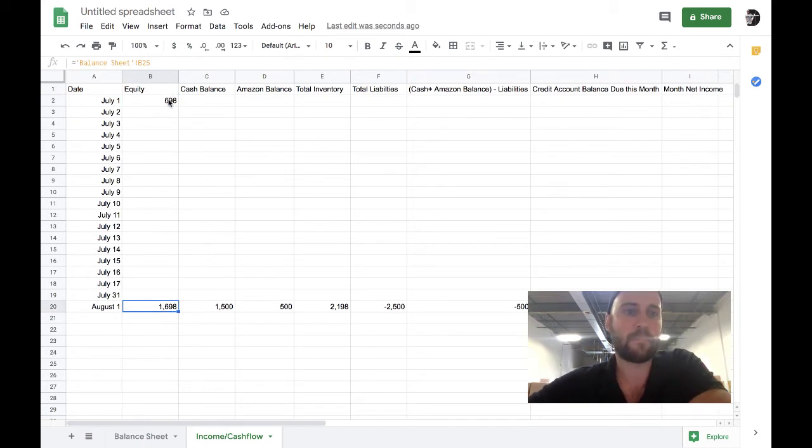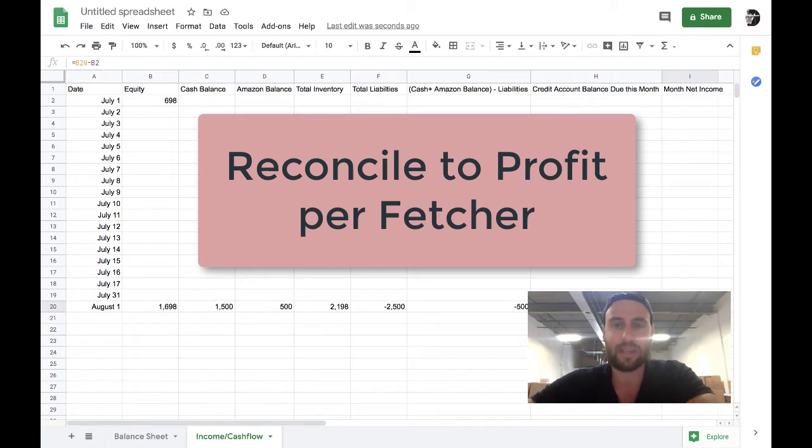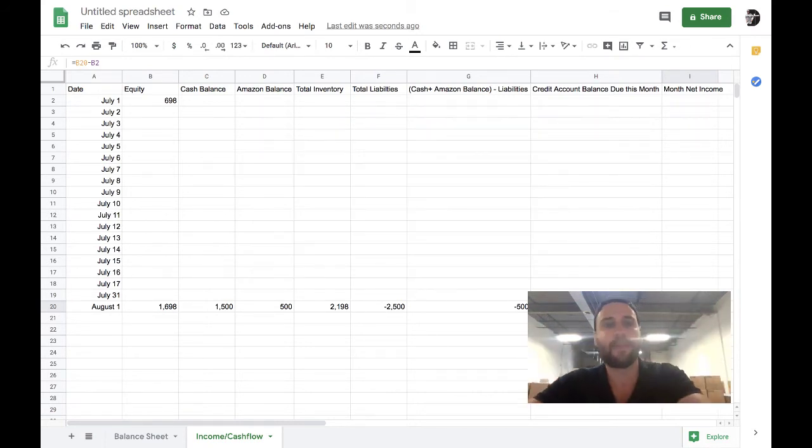So if my equity has gone from $698 to $1,698, I have made $1,000 in net income, or in profit, during that month. And that I should tie back to Fetcher, and hopefully they are very close in value.